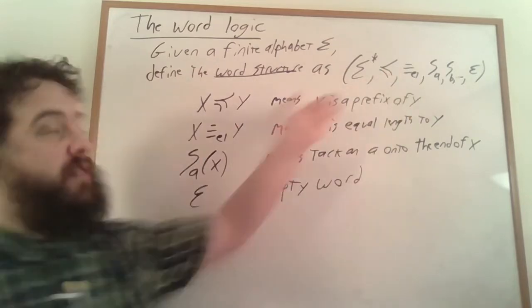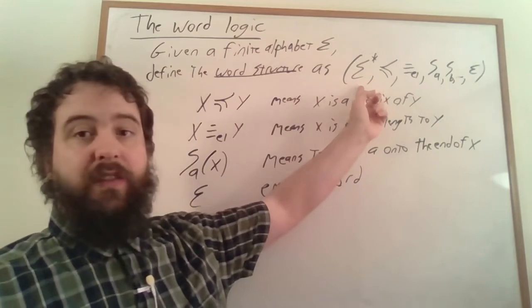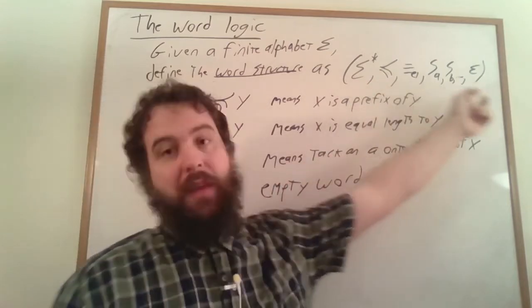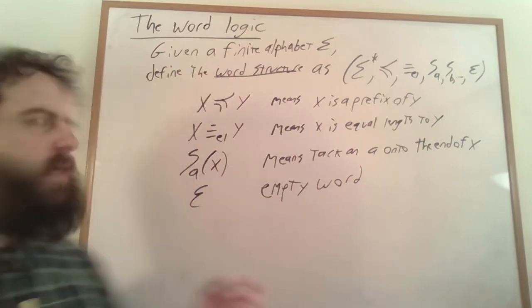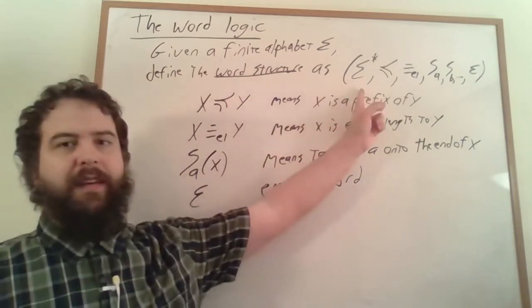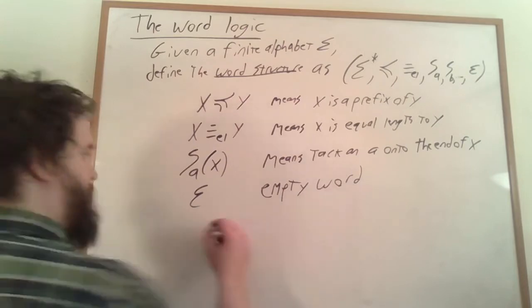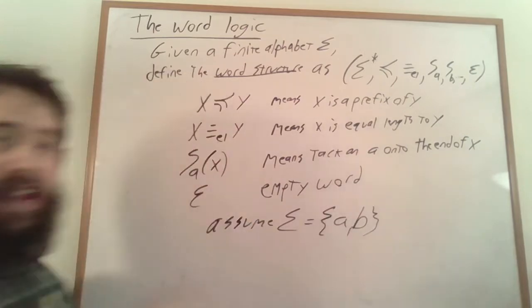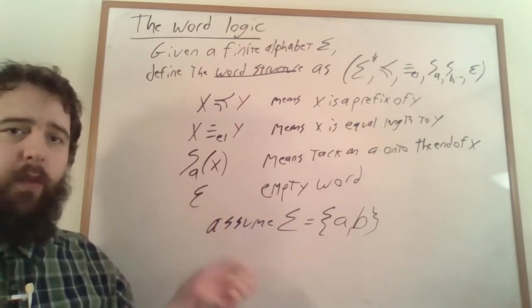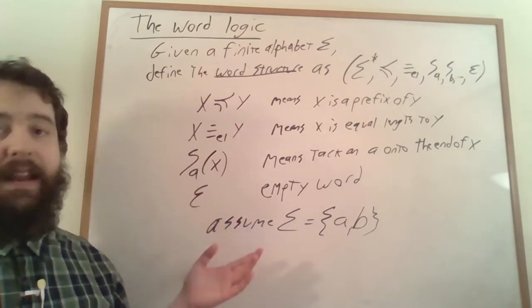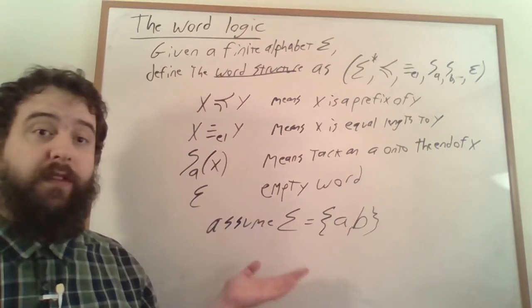So this gives us a structure, a collection of things to talk about, and things that we can use to talk about those things. For the purposes of this video, we'll assume for now that sigma is just the set containing A and B. This kind of falls apart if there's only one letter of the alphabet, and you don't gain anything by having more than two letters in the alphabet.